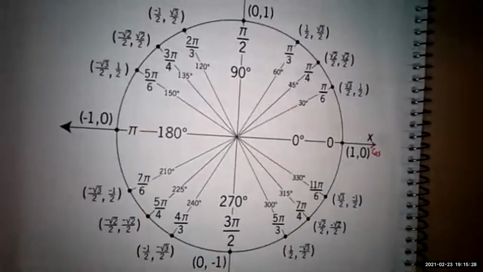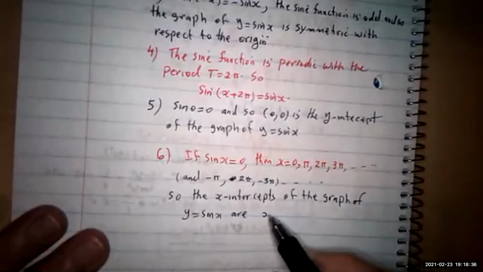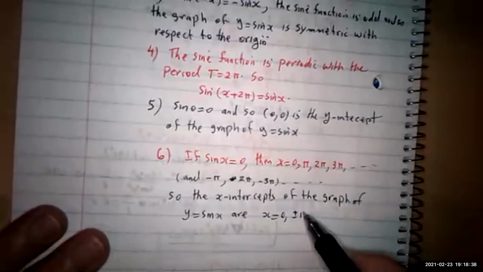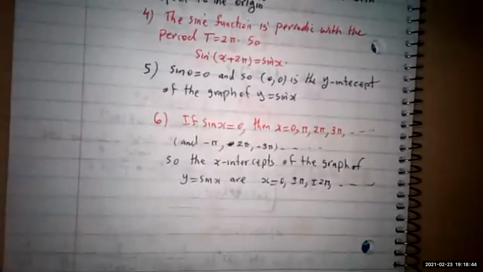So these are going to be the x-intercepts of the graph of y equals sine x: x equals 0, positive and negative pi, positive and negative 2 pi, etc. And you will see them in a minute when we graph this function.